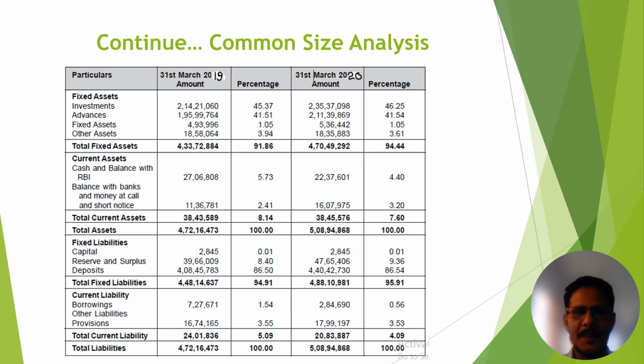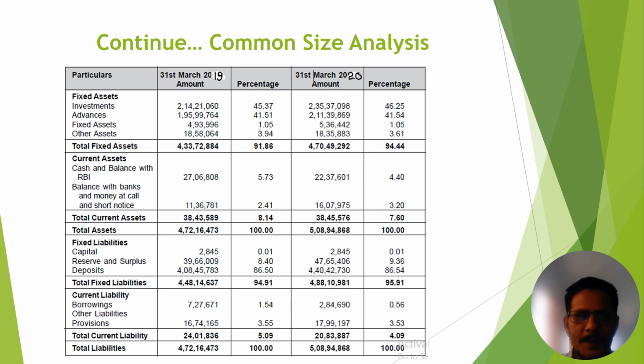According to this 100%, we find out each and every item in percentage form. Now, let's take 2019: our total assets are 100%. In this reference, our total fixed assets 4,33,72,884 is 91.86%.